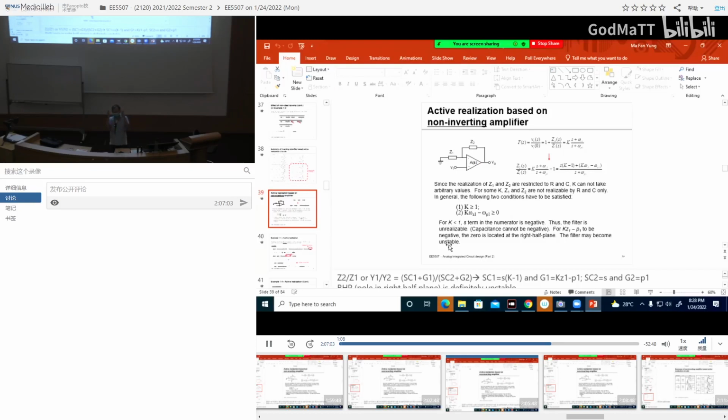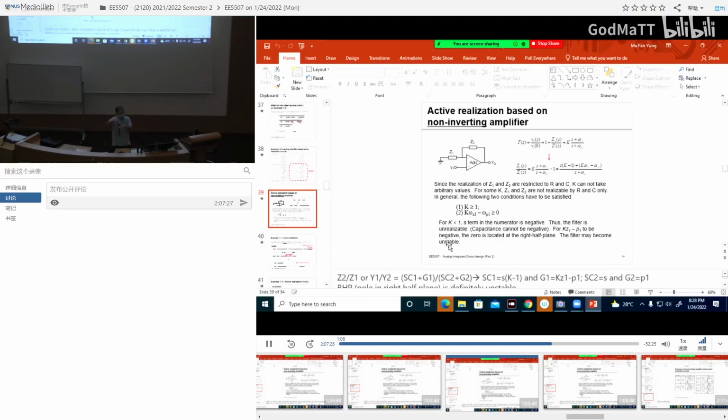That's why when you design op-amp, we always ask, what is the phase margin? What's the definition of phase margin? How far away is the phase from 180 degrees? That's the phase margin.